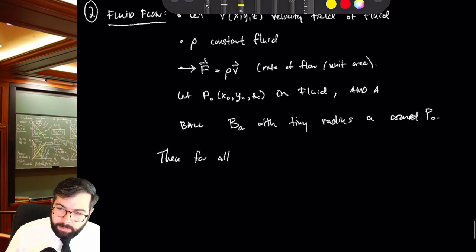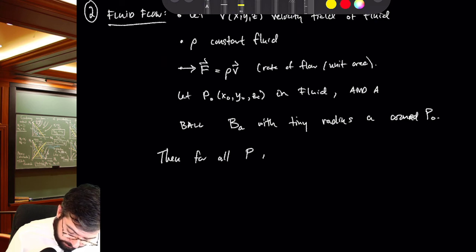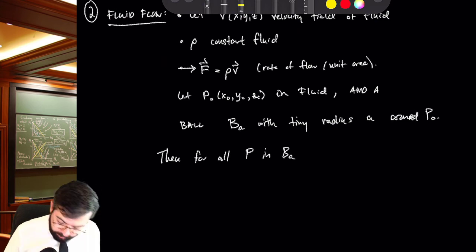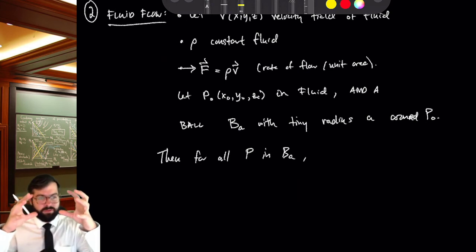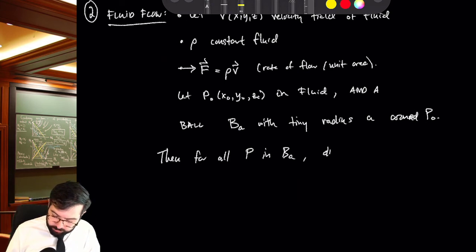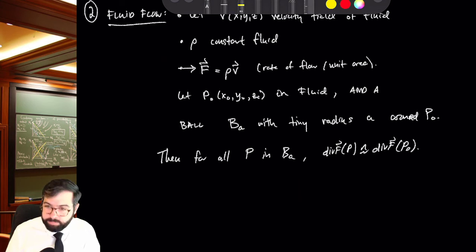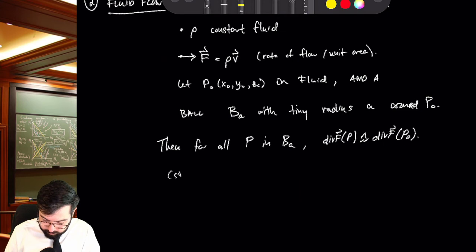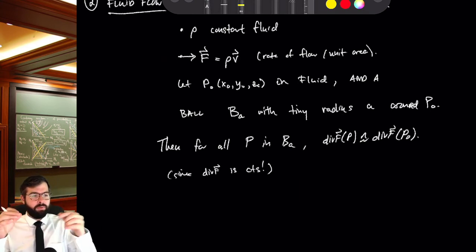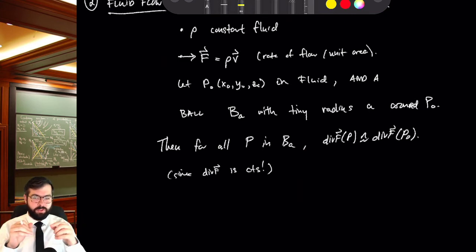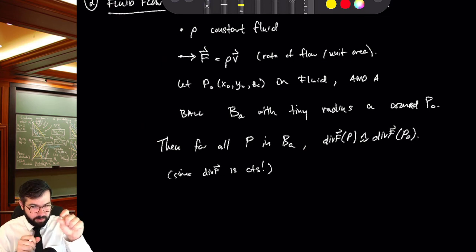Then for all points P in the ball, they're close enough that the divergence measured at each point is roughly the divergence at P naught. And this again is because divergence is continuous. So there's not going to be some crazy jump. This is a sort of derivative of the vector field. So when we're inside a tiny ball around a point, the divergence is roughly the same as long as it's a very small neighborhood.